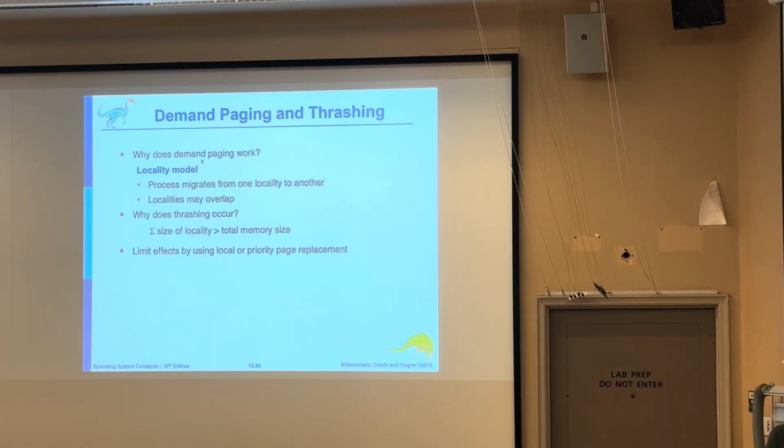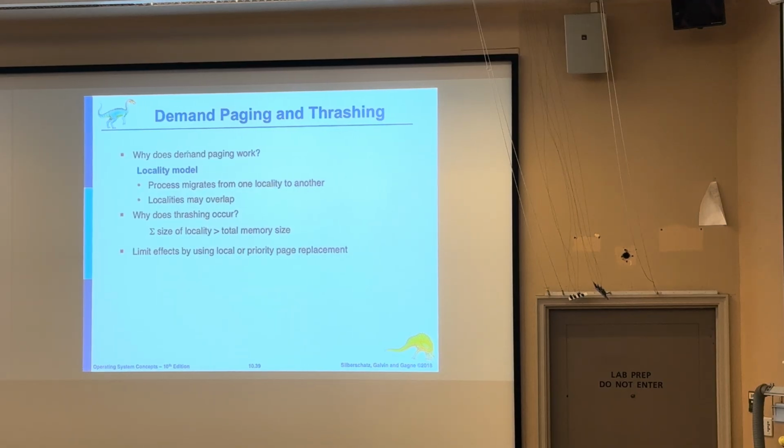So without demand paging, if you really want to fit these hundreds to thousands of processes, you can imagine the amount of memory that you would need on one computer is terabytes.